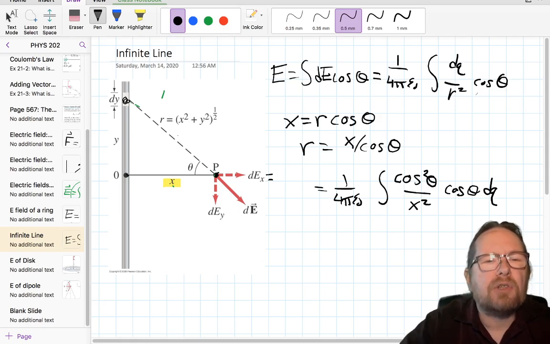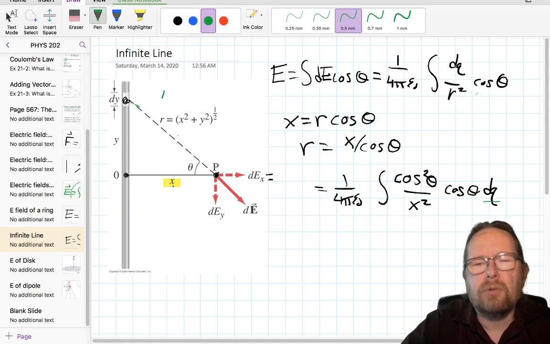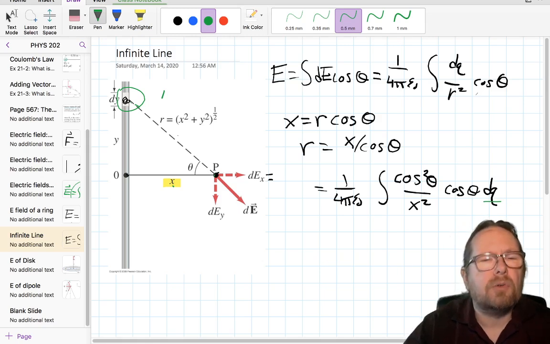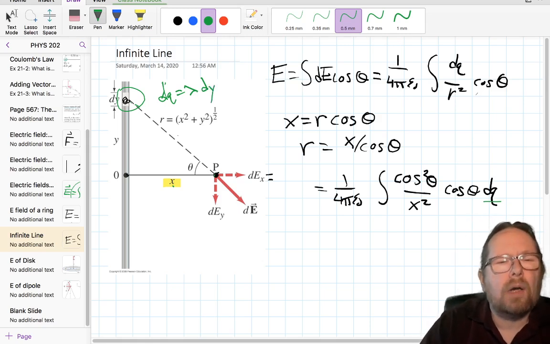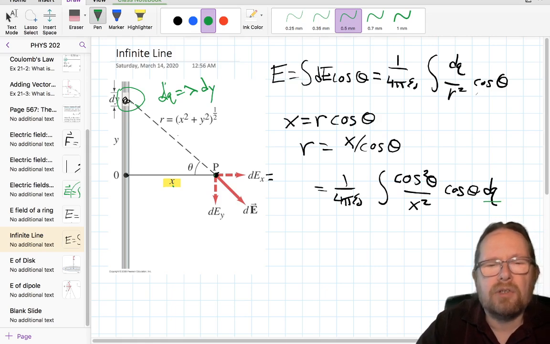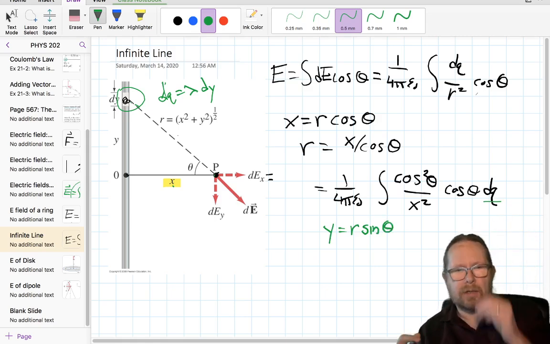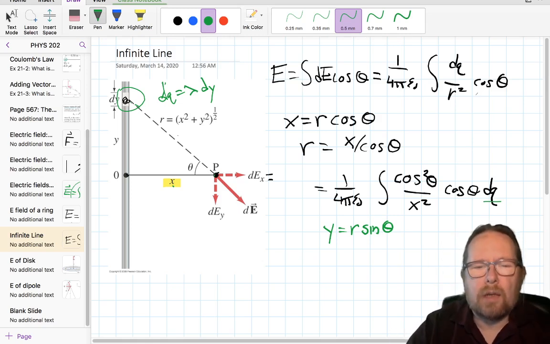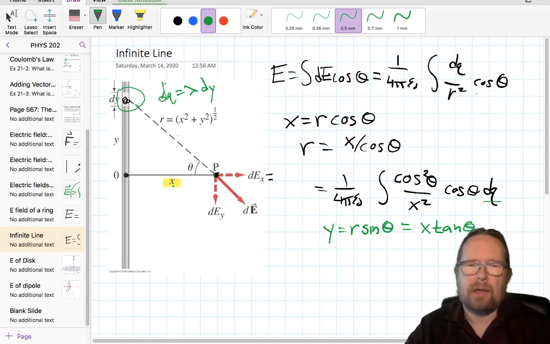Now we want to talk about how we express this dq, this little bit of charge, which remember we said was equal to dq is lambda dy. We want to express that not in terms of y, but in terms of theta. So what's the relationship between y and theta? We could write that y equals r sine theta. That won't get us very far, though, because r isn't a constant. It's better to express this as y equals x times the tangent of theta, because x is a constant. We'll be able to pull that out of our integral.